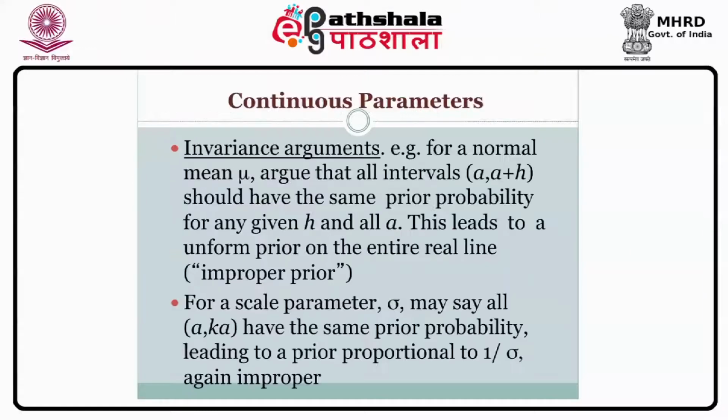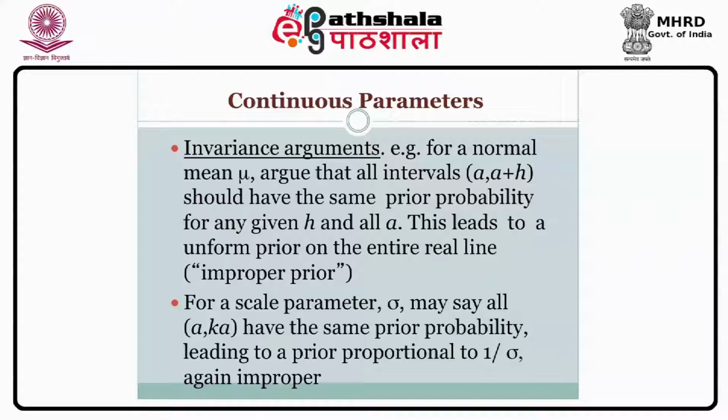Now we talk about the continuous parameter first of all, like its invariance arguments. Like for a normal mean mu, argue that all intervals between a and a plus h should have the same prior probability for any given h and all a. This leads to a uniform prior on the entire real line.